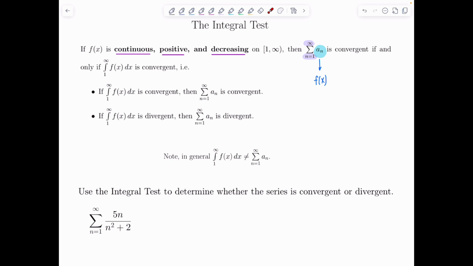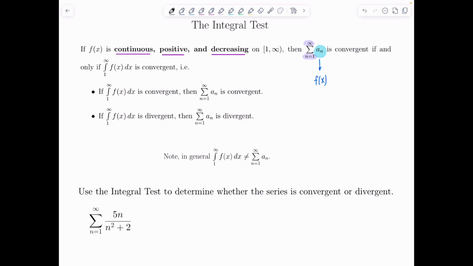And the value of the integral is not equal to the true sum. So you'll just need to study more math to get to the point where you can see exactly how to calculate the sum, but it's not going to happen in this class. In this class, you can only find the sum if your series is geometric, telescoping, or Maclaurin. Otherwise, all we say is convergent, divergent. Anyways, enough chit chat. Let's just do some examples.